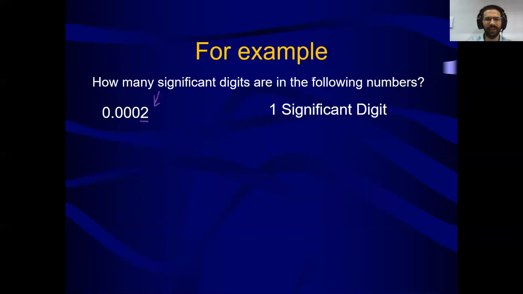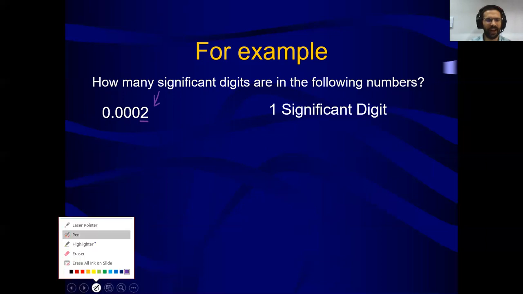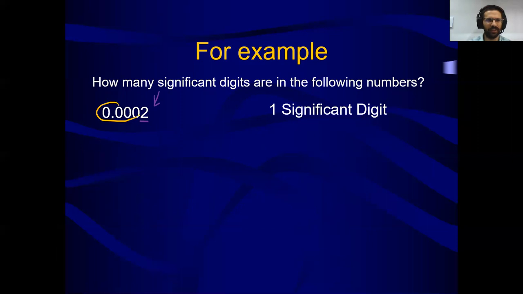Because these zeros have no value. We could easily change this to scientific notation, 2.4 times 10 to the 4th, and we move the decimal 1, 2, 3, 4, right? This is the same number. Here we have 1 sig fig.